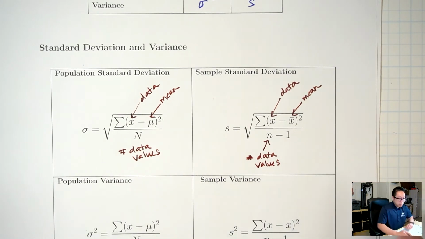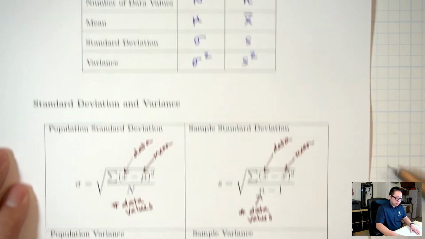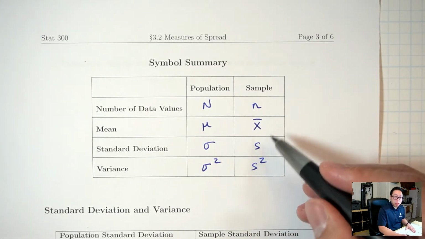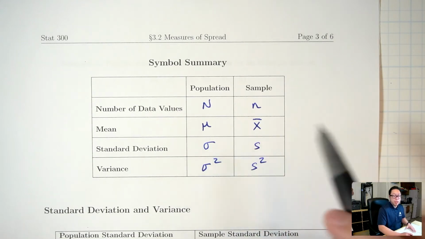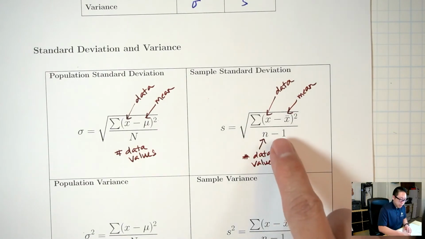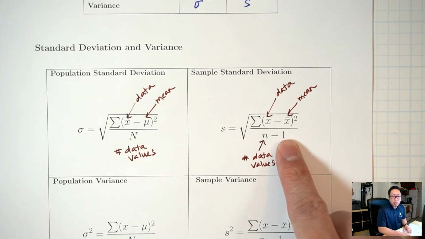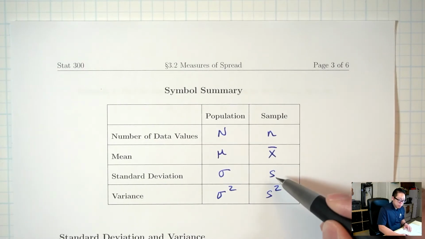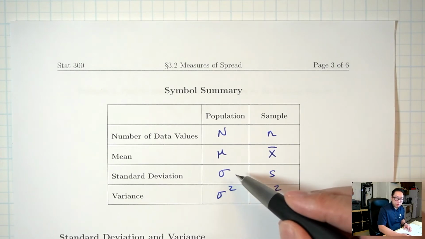Why is that? Remember, the idea here is I want the sample number to be a good approximation to the population number. And so it turns out if you just put a regular n there, without the minus 1, you don't get a good approximation.